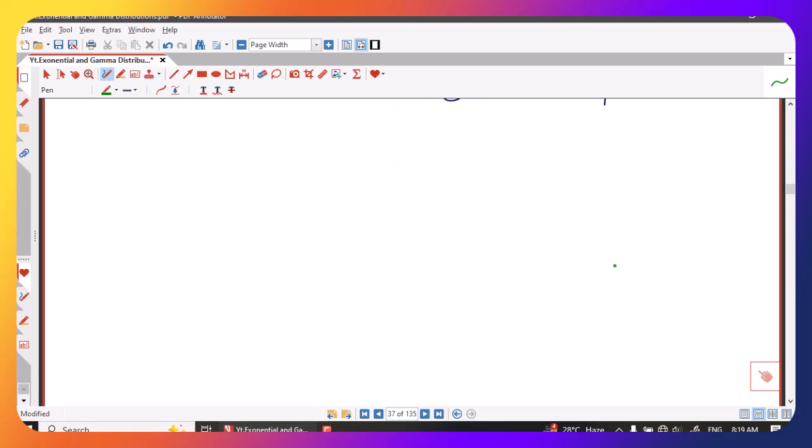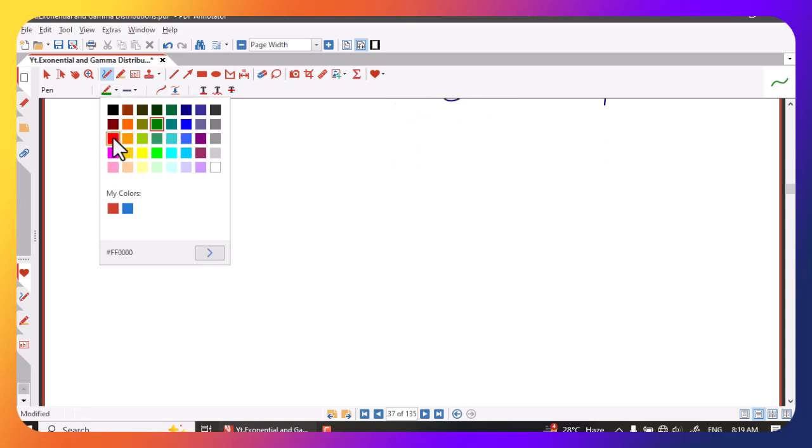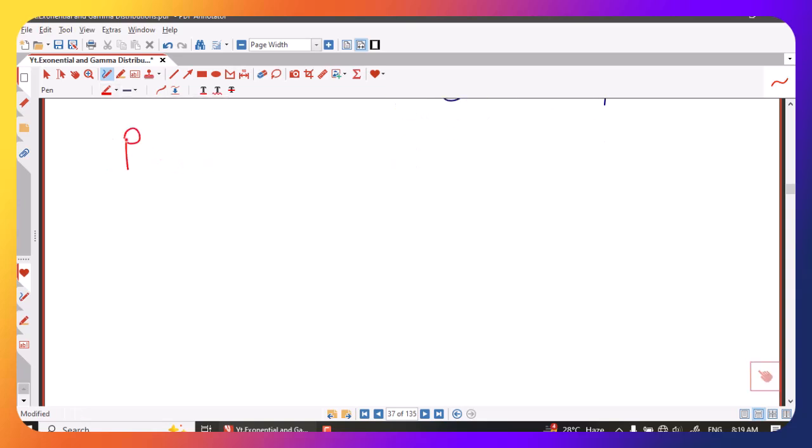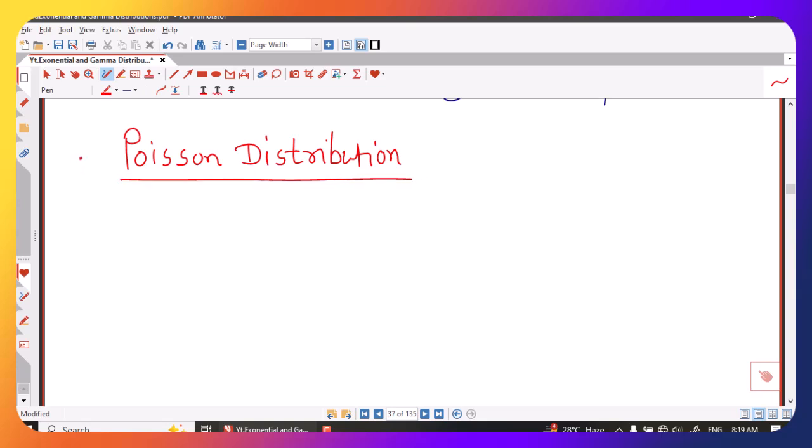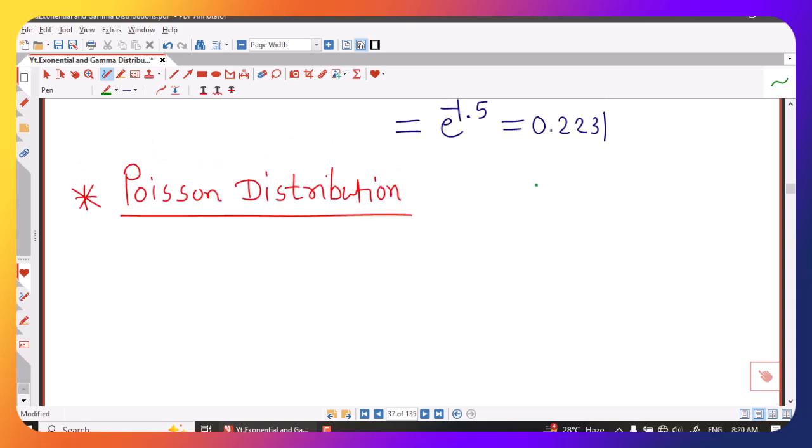Now we are doing this same problem using the Poisson distribution. Here they have not specified which distribution we have to apply, so either you can apply the Poisson distribution or you can use the exponential distribution to solve the same problem. Now what is given? We have to calculate the probability that no car arrives in the next 3 minutes.